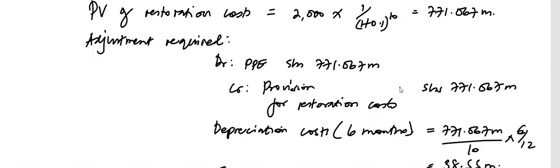Then maybe the other thing you have to look at when it comes to this provision, now because time value of money is material, we have to account for the unwinding of the discount. So we need to find out the finance cost on this present value.